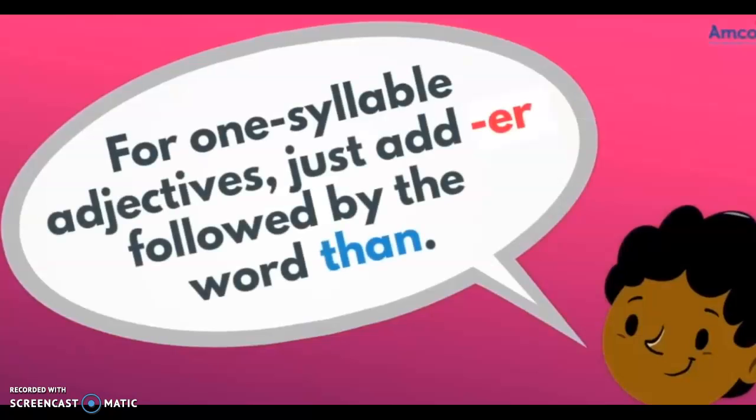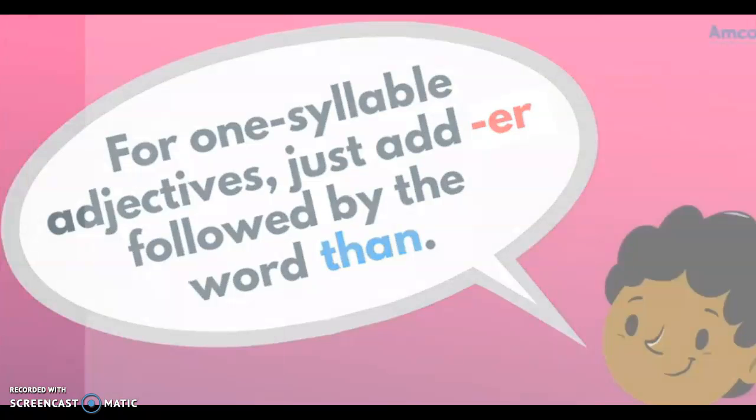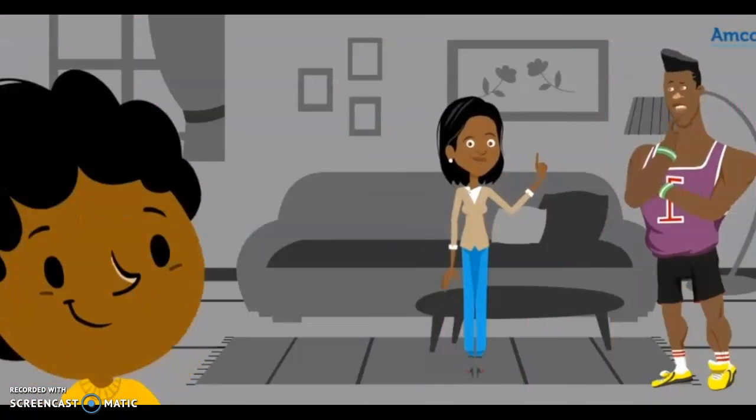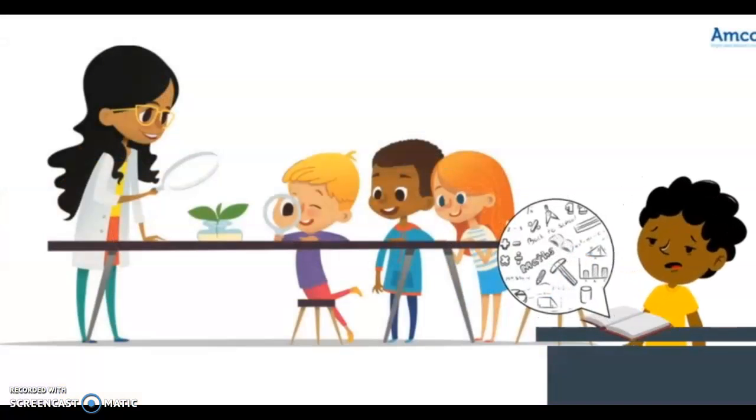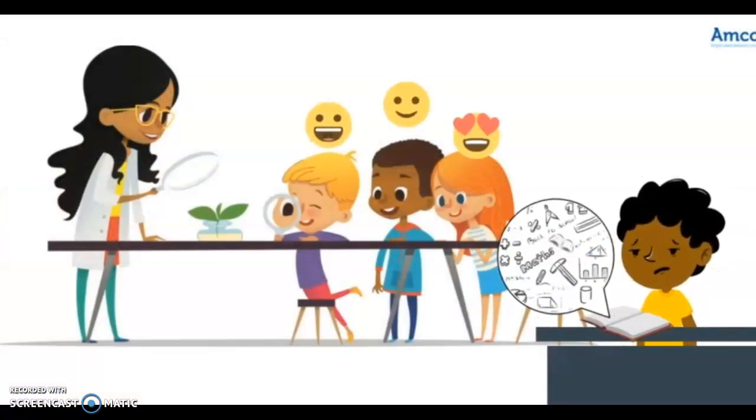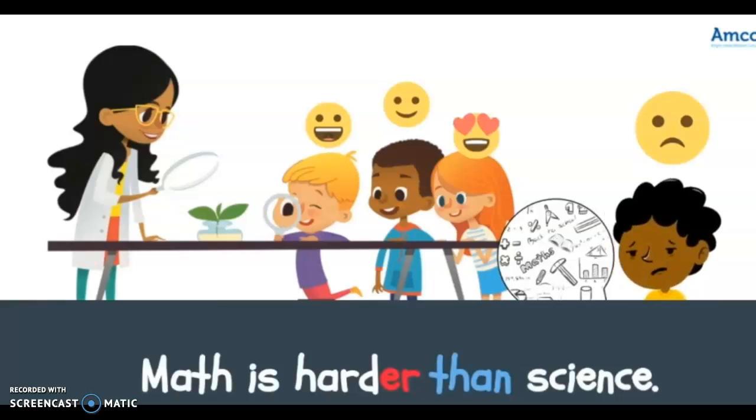1. For one-syllable adjectives, just add ER followed by the word than. My brother is taller than my mom. Math is harder than science. 2.